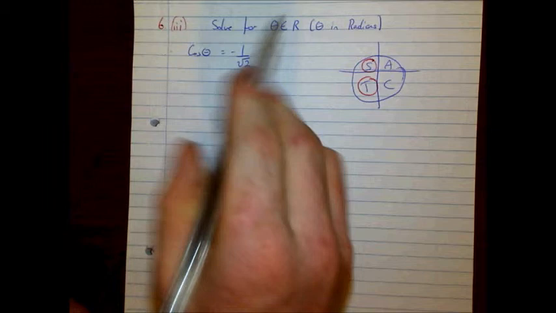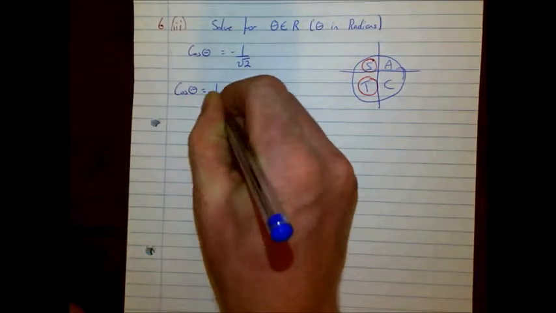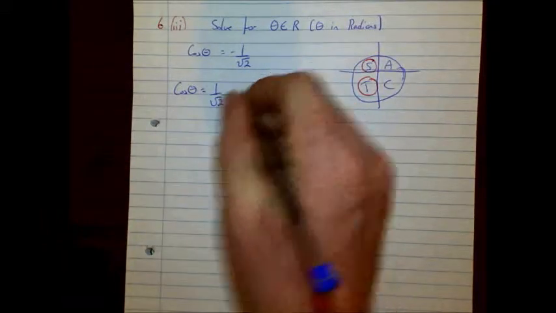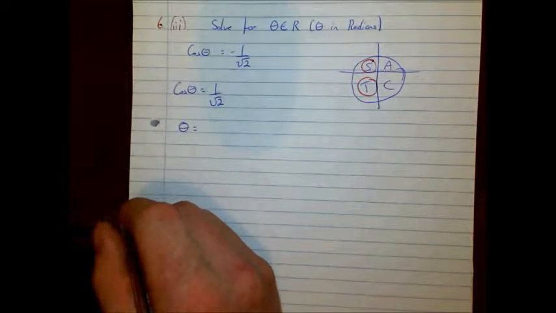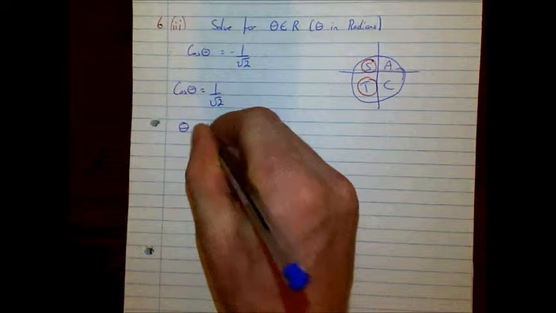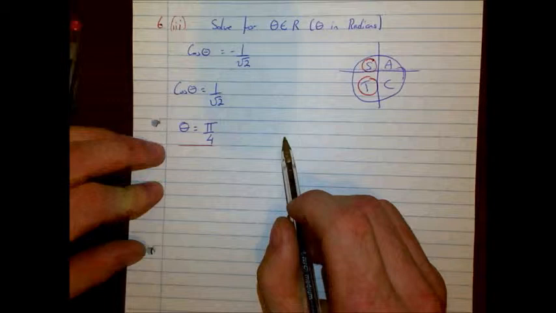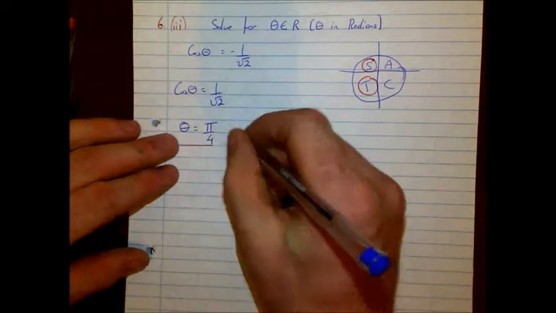So if cos theta was equal to positive 1 over root 2, well then I look at the log tables and I find out theta is equal to pi over 4 radians. Okay, so just a small bit more complicated now. Pi over 4 radians is also 45 degrees.